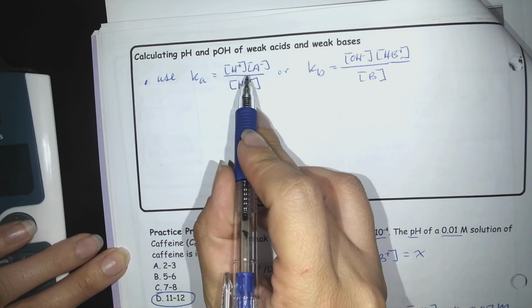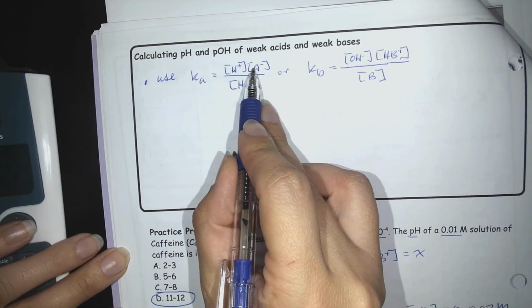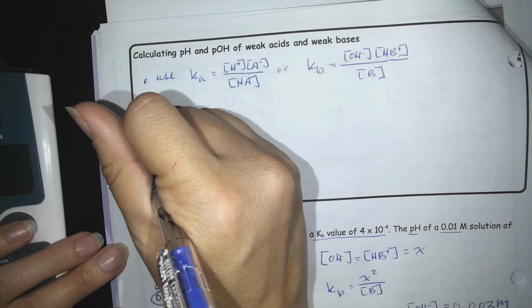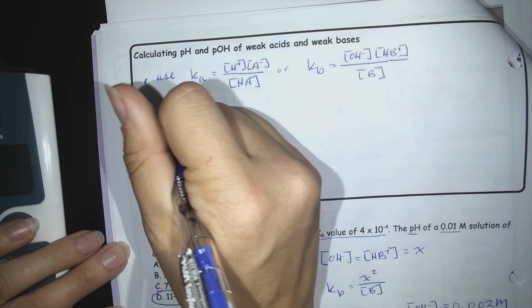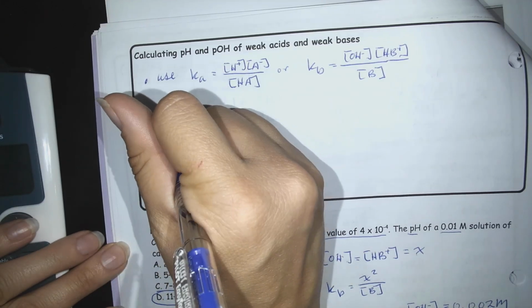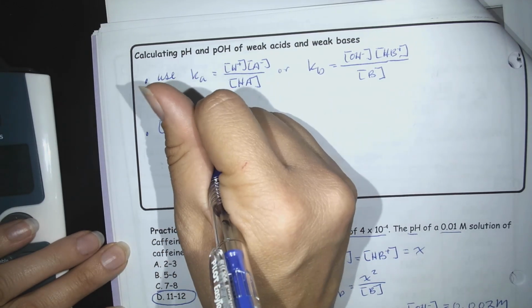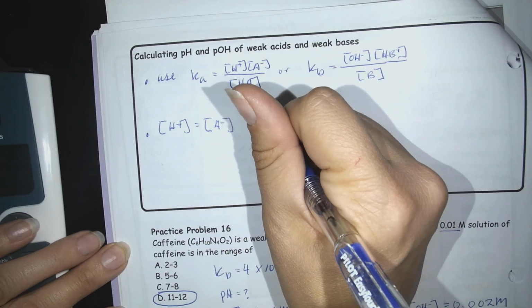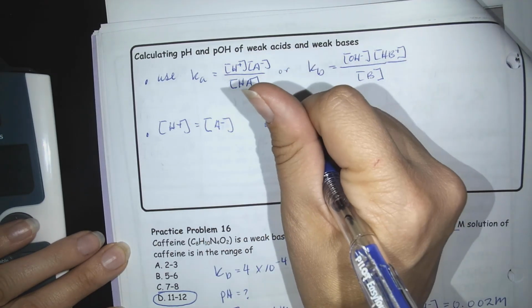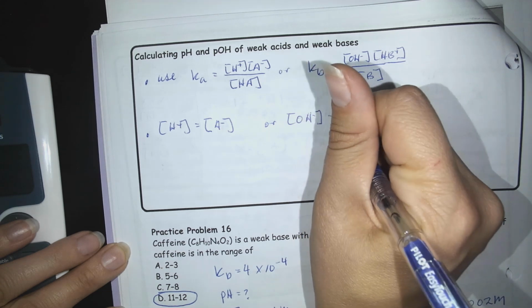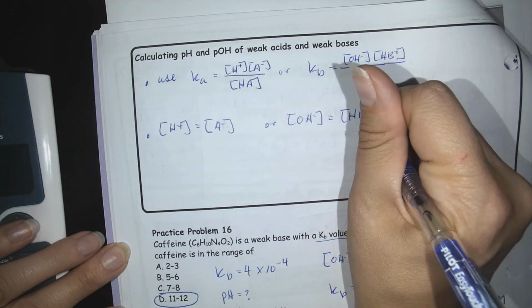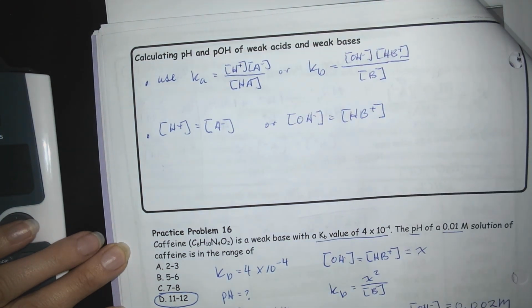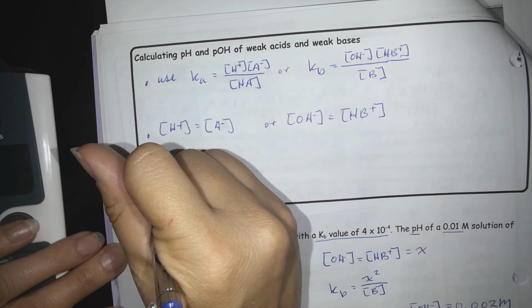And then set the two items in the numerator equal to each other, right? So make sure you state that H plus is equal to A minus, or that OH minus is equal to HB plus. And then rewrite the equation.